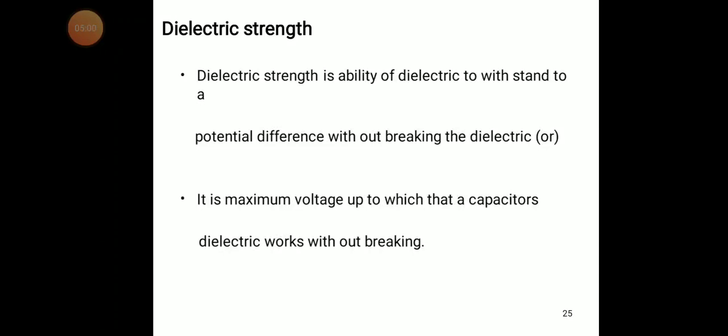Each dielectric has its own capacity. If you apply more and more voltage, that dielectric material may get damaged or burn. So in order to avoid that, we need to know the strength of the dielectric.